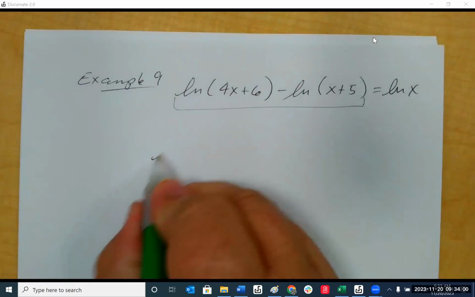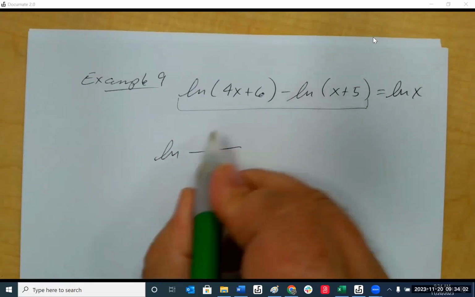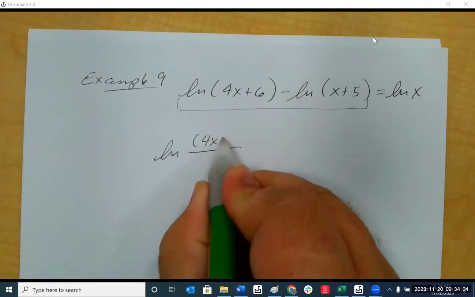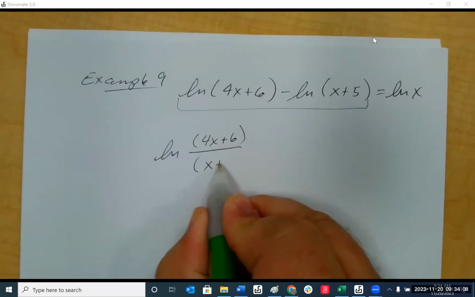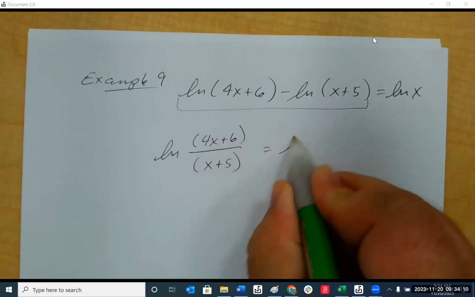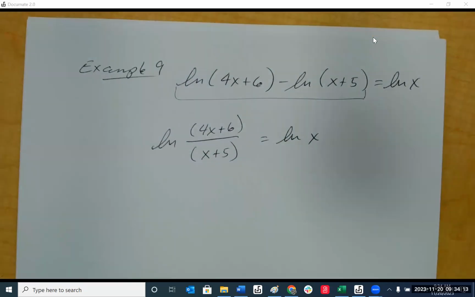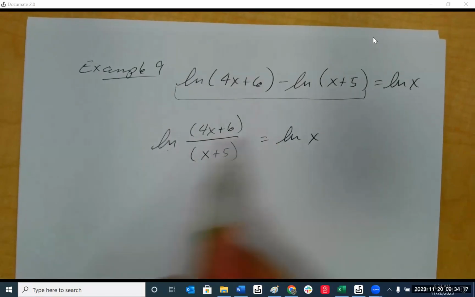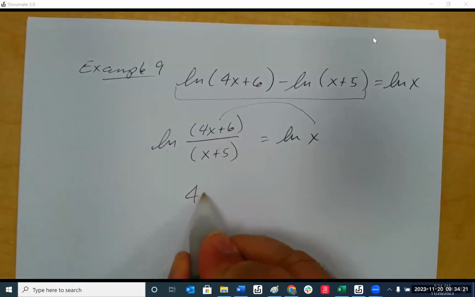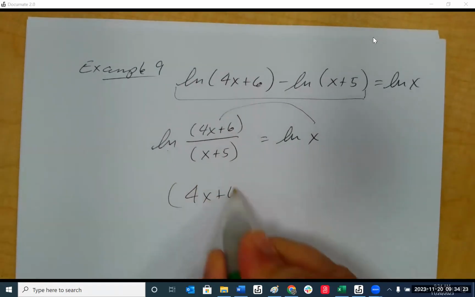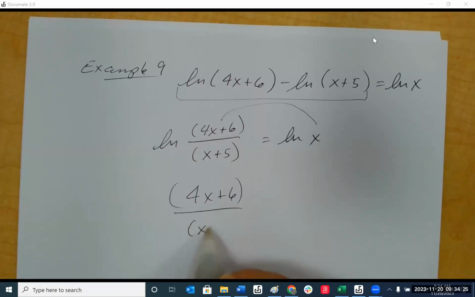Yeah, make it a quotient rule, because there's a minus sign, so we have ln of 4x plus 6 over x plus 5 equals ln x. Since they both have ln on both sides, the only way they can be equal is if 4x plus 6 over x plus 5 equals x.